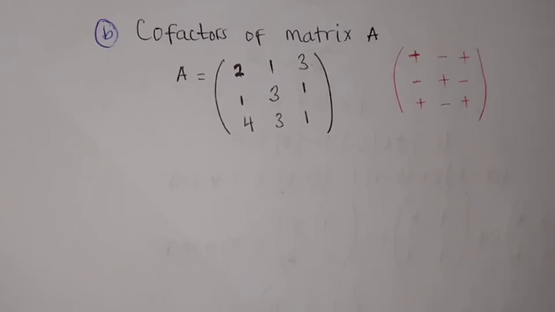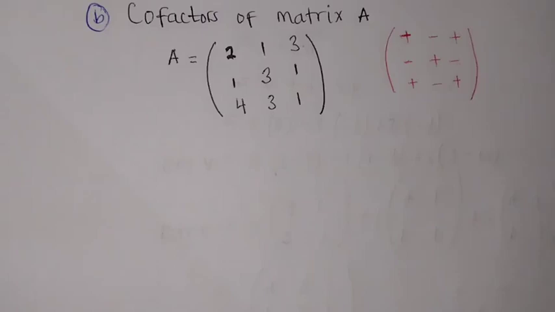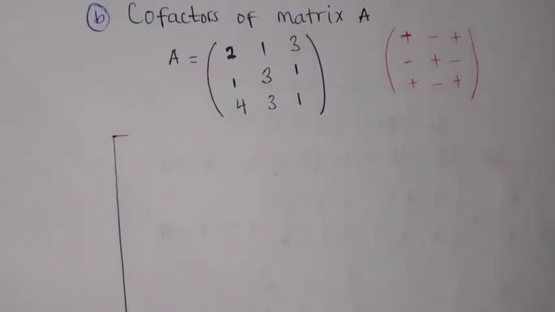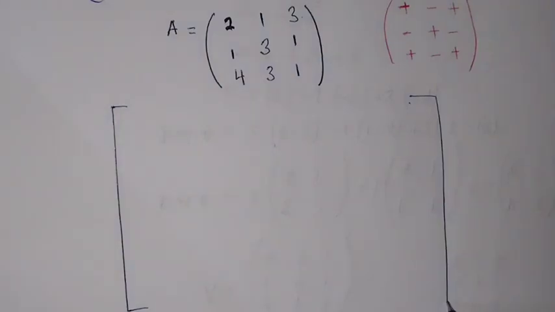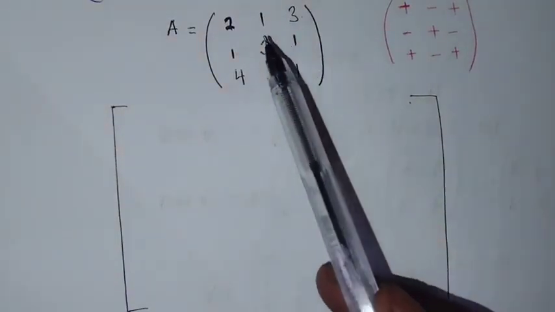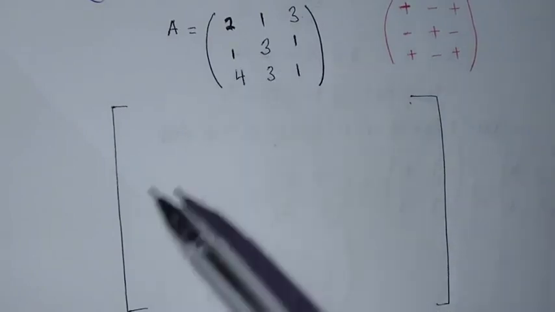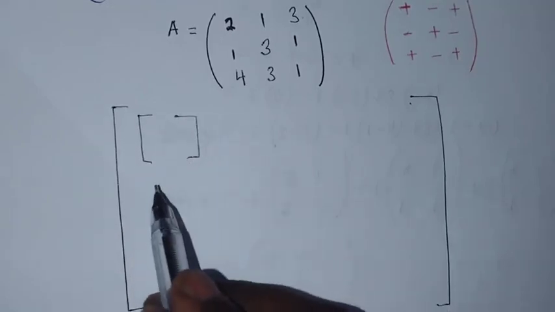So to find the cofactor of matrix A, what you are going to do is draw a bigger matrix, like this one. When you come up with this bigger matrix, you have seen we have how many entries here? There are 9. 1, 2, 3, 4, 5, 6, 7, 8, 9. So we must come up with 9 square matrices.